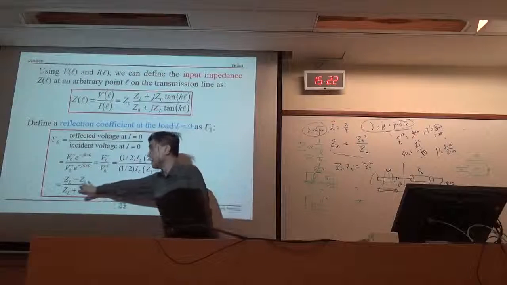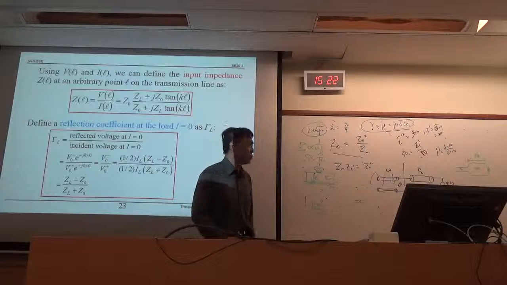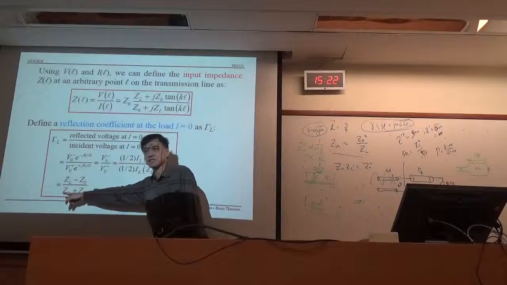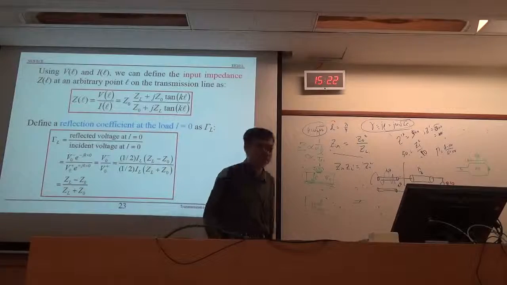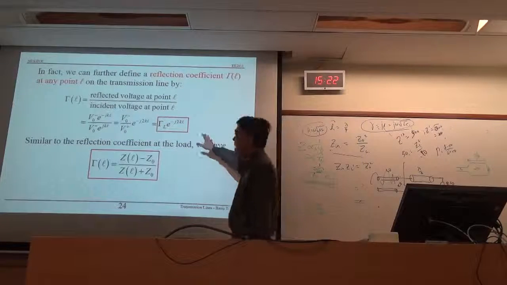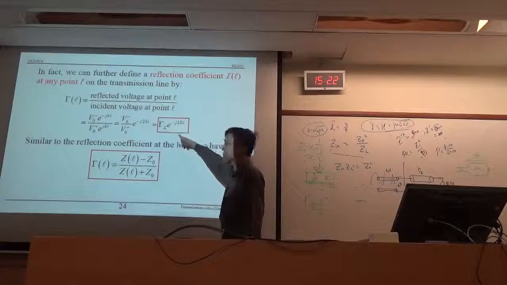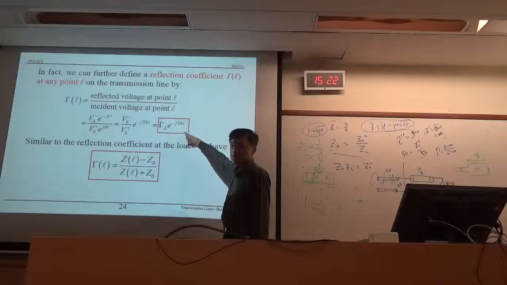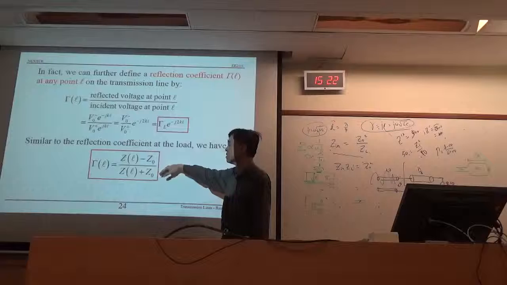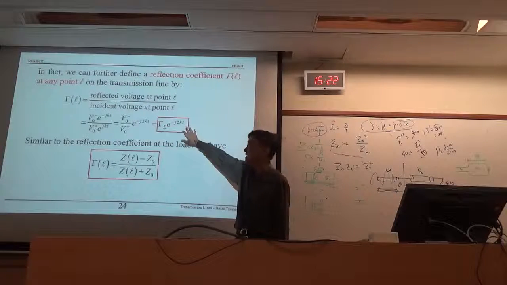This gamma L, the reflection coefficient at the load, bears the same similarity: theta 2 minus theta 1 over theta 2 plus theta 1, so that one you have no issue with. And the gamma along the transmission line is propagating at twice the speed. You can find the reflection coefficient anywhere along the transmission line by using (Zi minus Z0) over (Zi plus Z0), which is the same as finding it from here.